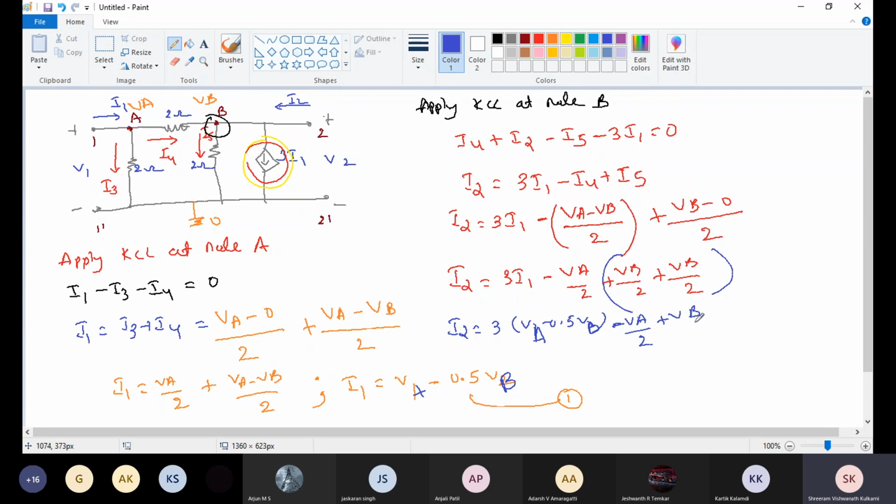What is the simplification for VB by 2 plus VB by 2? I can write it as VB, half plus half, correct?